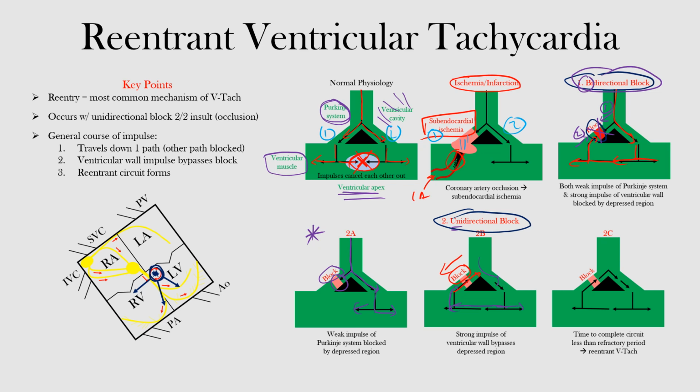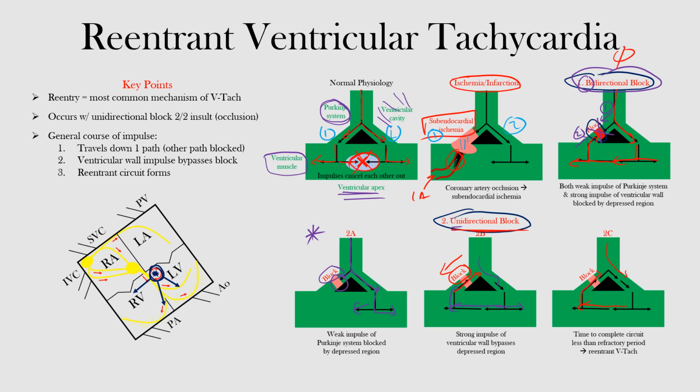So remember, with the bidirectional block, we cannot have this reentrant form because it's blocked in both directions. However, it's our unidirectional block that can give us this reentrant ventricular tachycardia. The impulse is coming down initially, able to spread, and then get through this track.